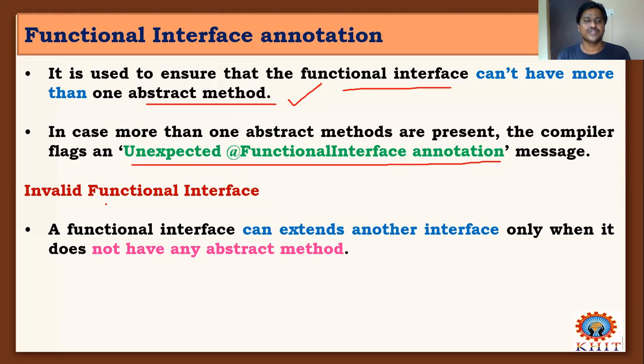And we call that an invalid declaration, right? Or, specifically from the inheritance point of view, when any interface extends another interface, it is considered as a functional interface only when it doesn't have any abstract method of its own. Is this point clear?